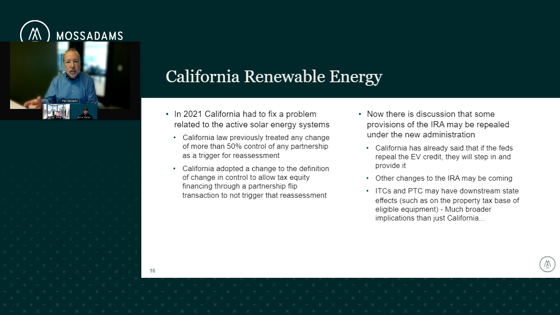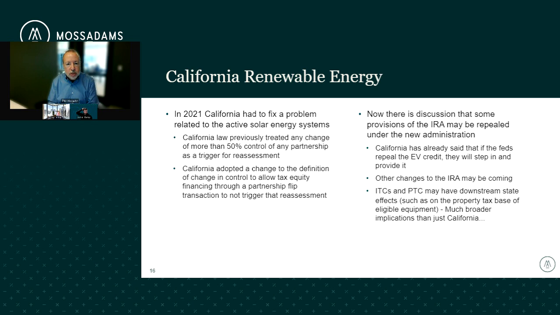And a lot of the functional ways these energy credits were triggered was through a partnership flip transaction. That partnership flip transaction was interpreted by California to involve a more than 50% change and require reassessment, which was going to be a huge deal and a huge tax cost if you were subject to reassessment.